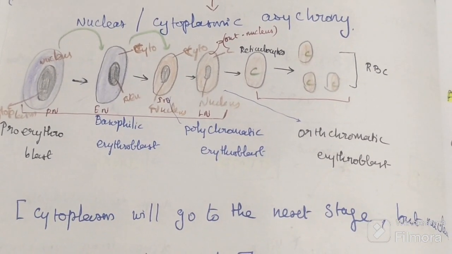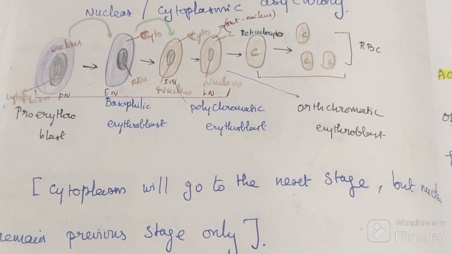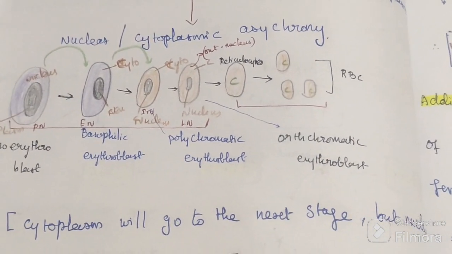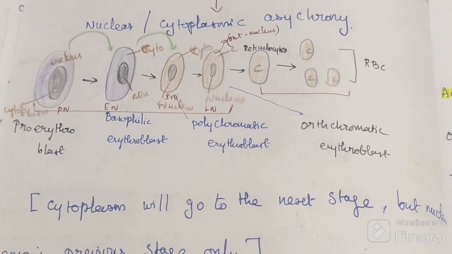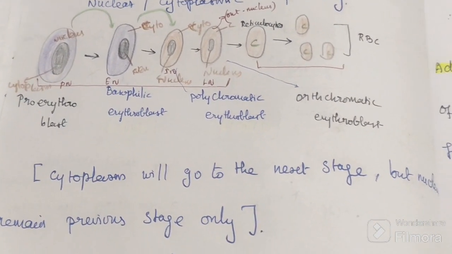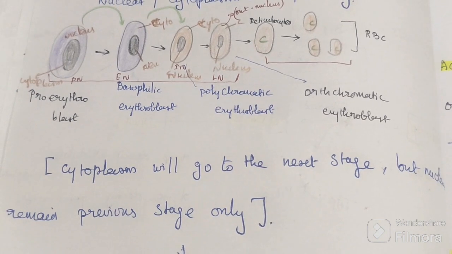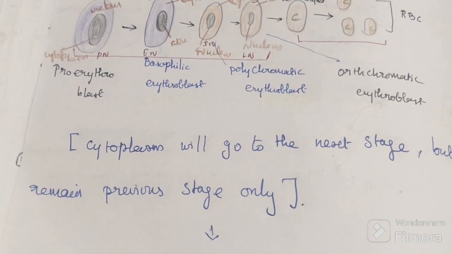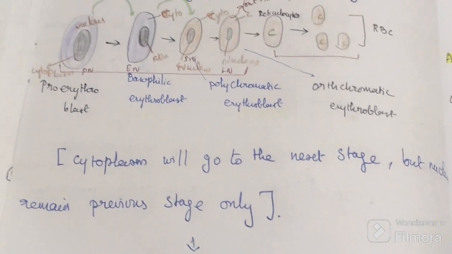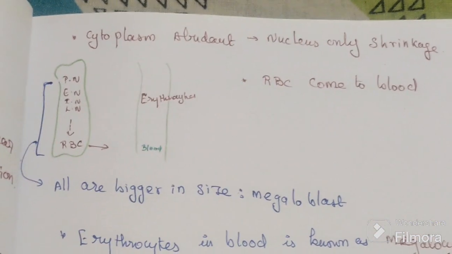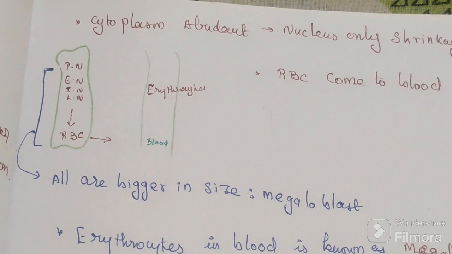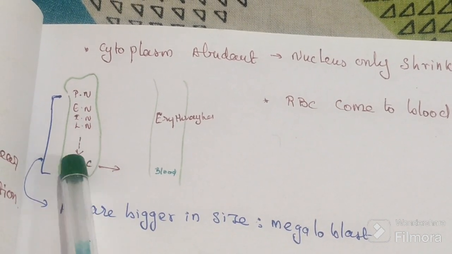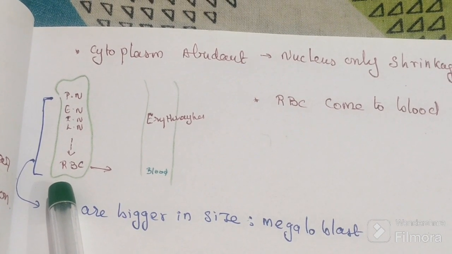All the cells have abundant cytoplasm and an immature nucleus, so all of them are bigger in size. So it is called a megaloblast. For example, in bone marrow, proerythroblast, early, intermediate and late normoblasts are converted into RBC.